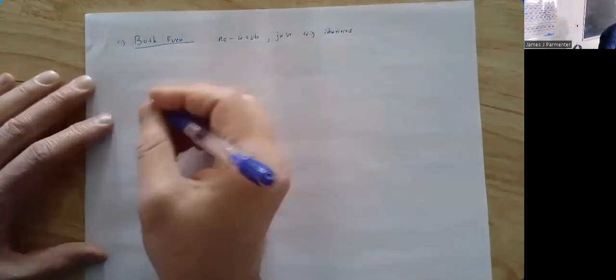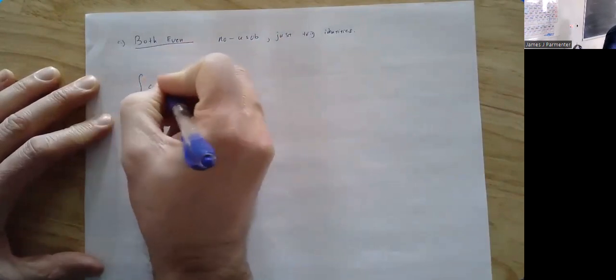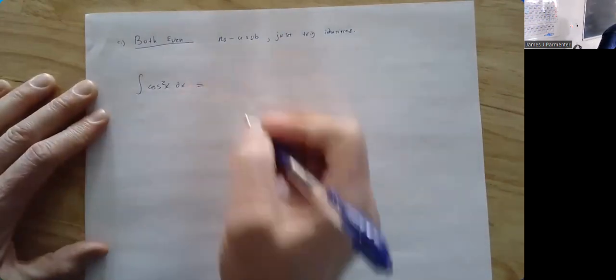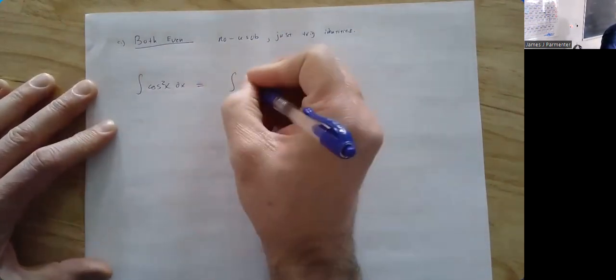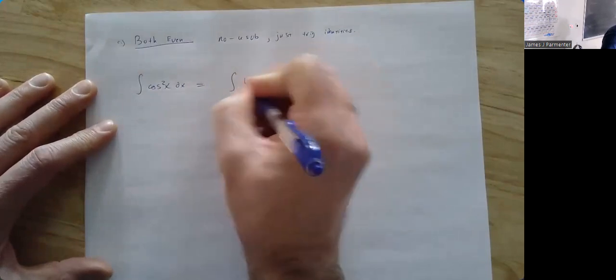Let's see. Yeah, we'll do two of these. So for example, if I was going to integrate cosine squared x, where both sine and cosine are even powers. Cosine is squared, sine is to the 0th, even power. You're going to use a trig identity, which is that cosine squared x is equal to 1 plus cosine of 2x all over 2.